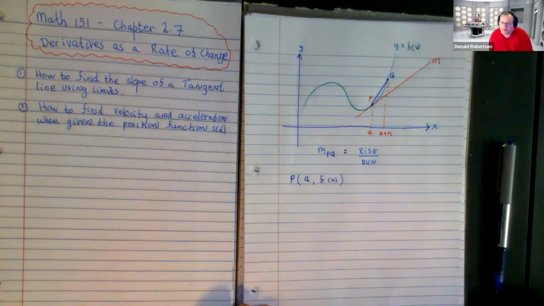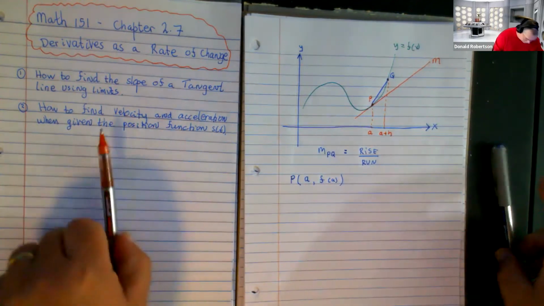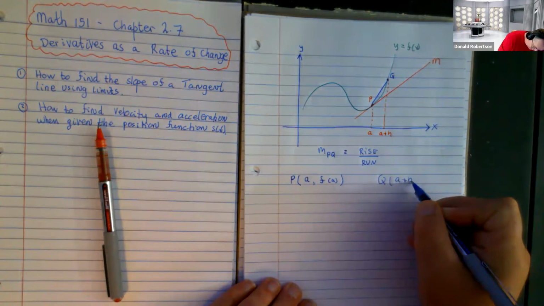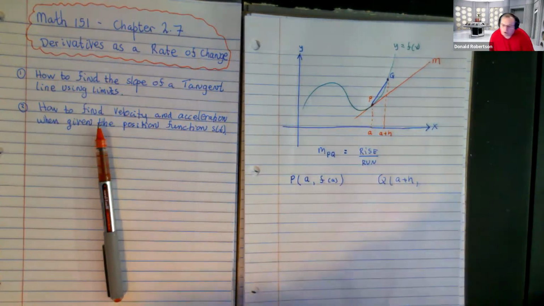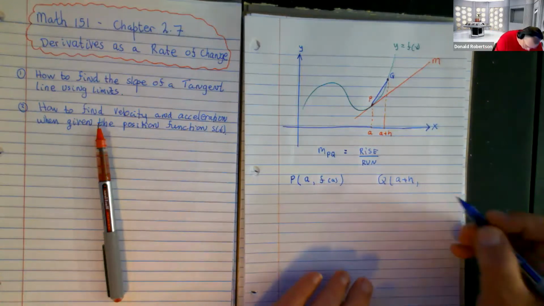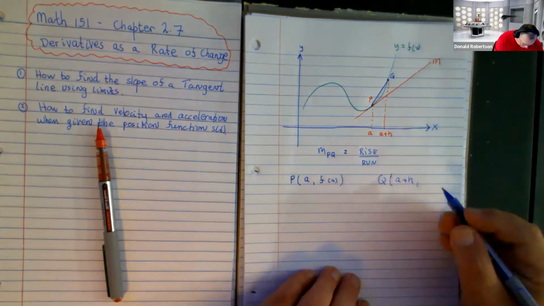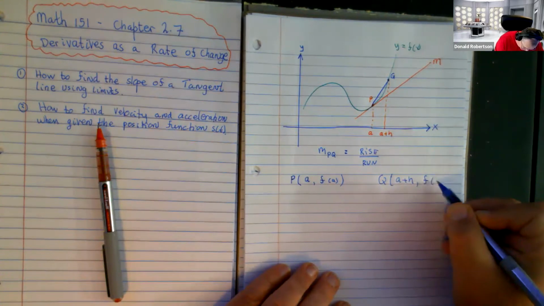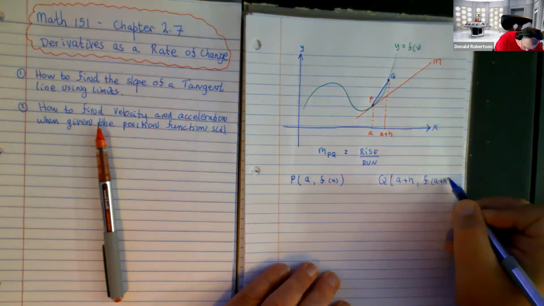I'm going to call the x coordinate of Q A plus H. Now, as long as H is a very small number, won't A plus H be quite close to A? Now, what's the y coordinate of Q going to be? Well, since it's on the curve, it's going to be f of A plus H.